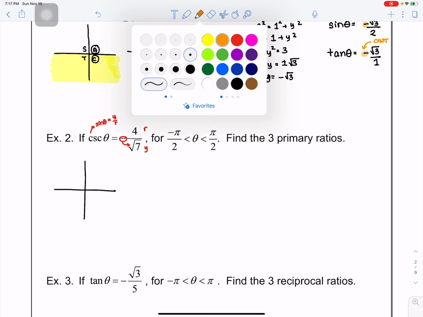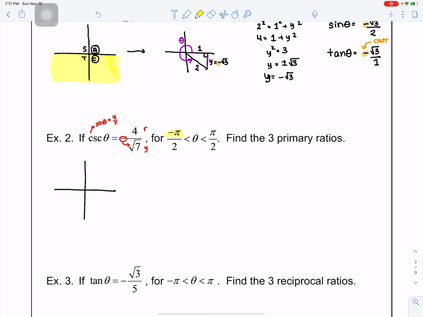I need to have some clues about what quadrant I'm going to be in. So I have a negative pi over 2 to positive pi over 2. So this would be negative 90 degrees and positive 90 degrees. You need to recognize pi over 2 right away as 90 degrees, positive and negative. So that means if I go in the positive direction, I would be somewhere in quadrant 1 if I was between 0 and 90.